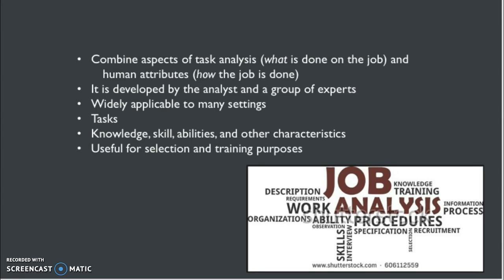Tasks, what is done on the job, as well as knowledge, skills, abilities, and other characteristics, how it is done, are analyzed and useful for personnel selection and training. It is a popular method, but one must be cognizant of the time involved. Overall, it provides a broad view of all that a job encompasses.